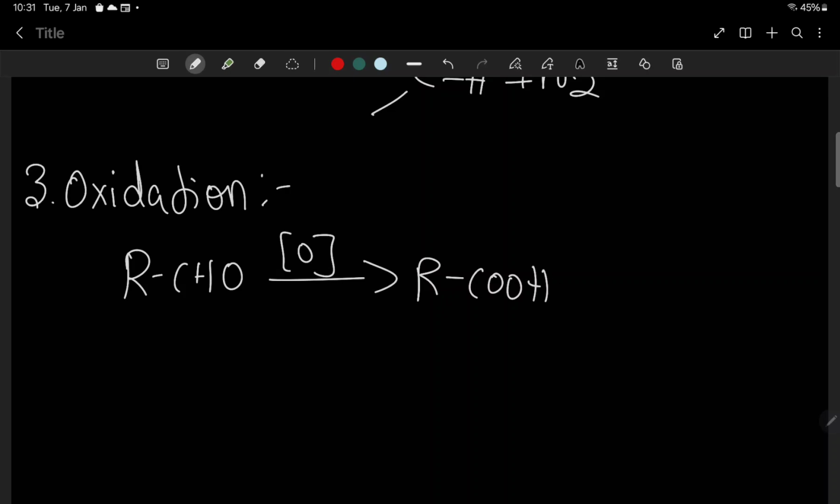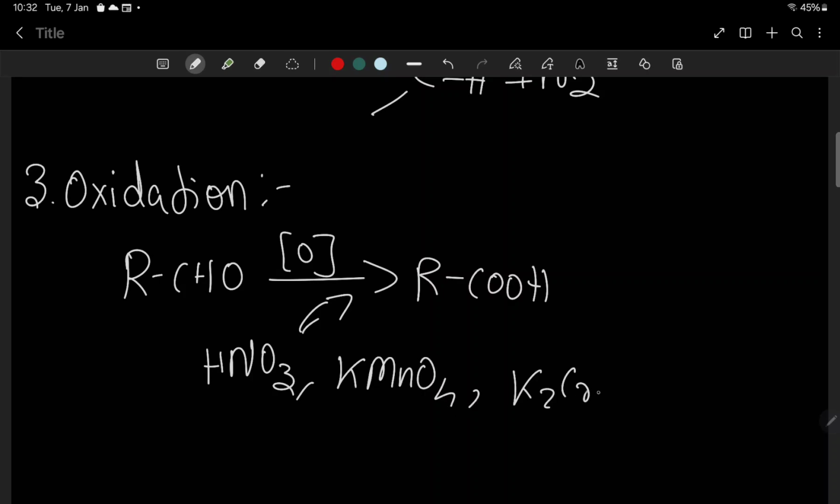Aldehyde differs from ketone in the oxidation reaction. Aldehydes are easily oxidized to carboxylic acid on treatment with common oxidizing agents like nitric acid, potassium permanganate, potassium dichromate, that is K2Cr2O7.